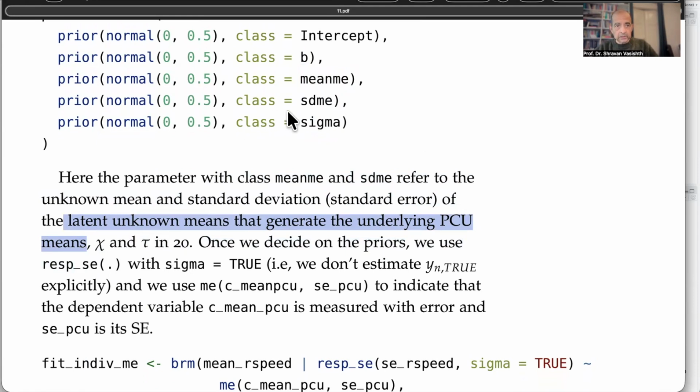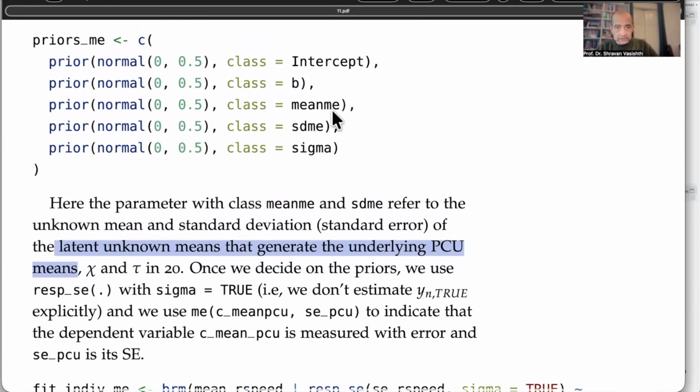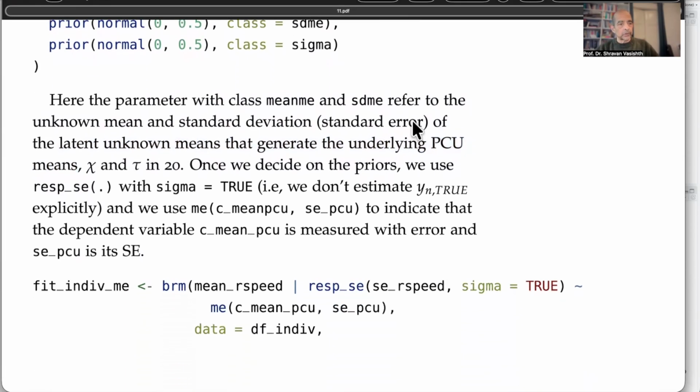Okay, so we are defining priors on those latent unknown means. Okay, so the model itself will be fit with sigma equal to true. So remember, we lose all the zeta n's in the meta-analysis, right? If we use sigma equal to true.